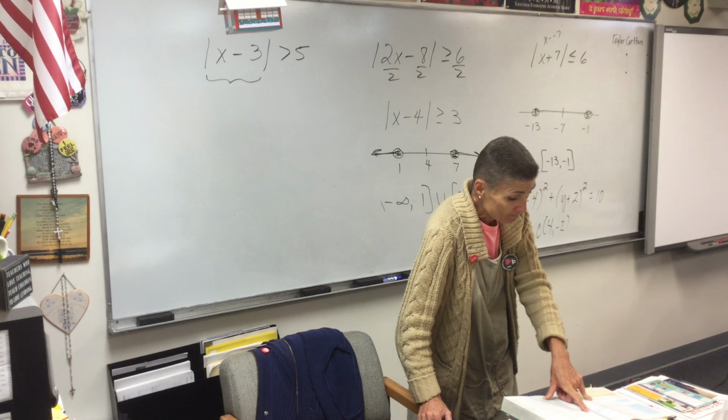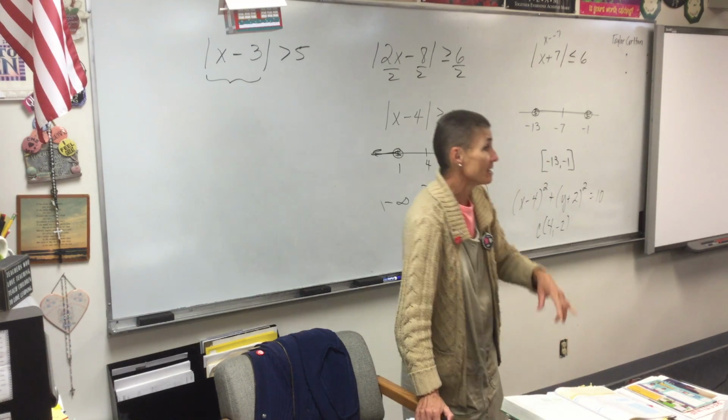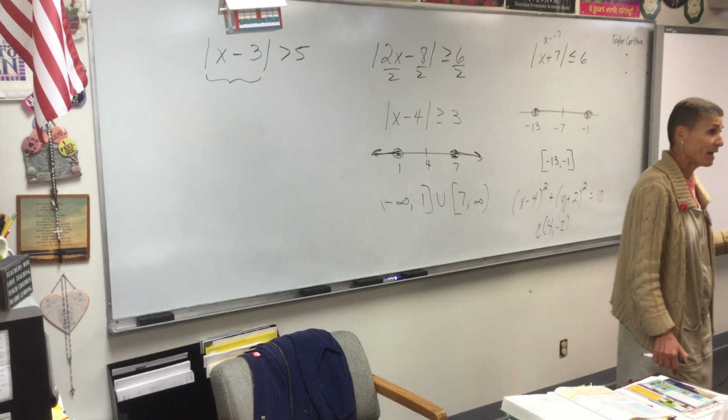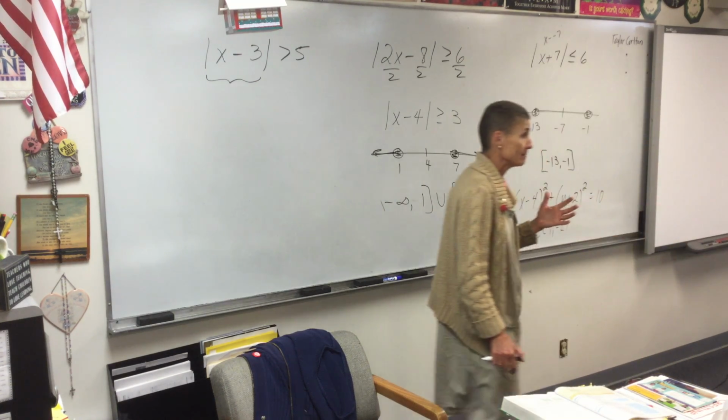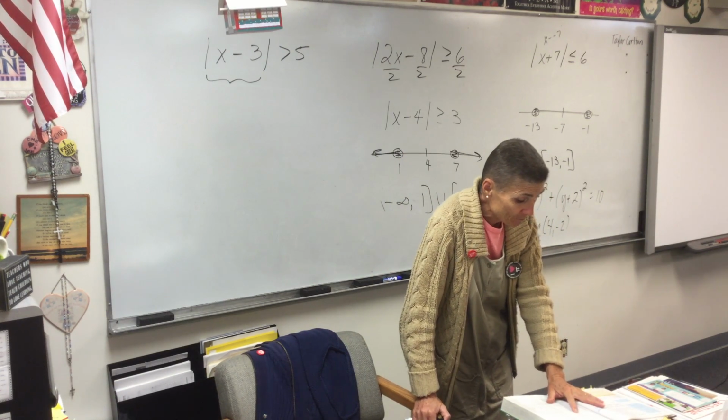How about number 9? No, because you can't have X with any power to it. And a square root is like a 1/2 power. You can't have that at all, ever, and be linear. How about number 10?